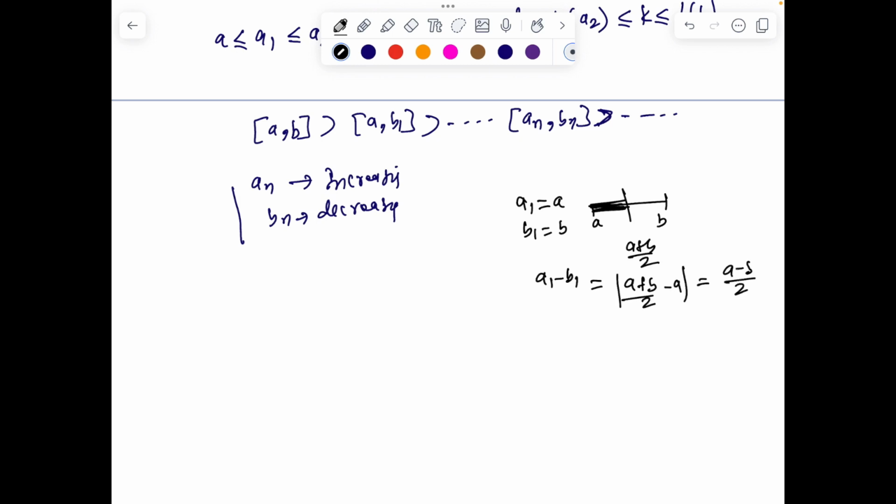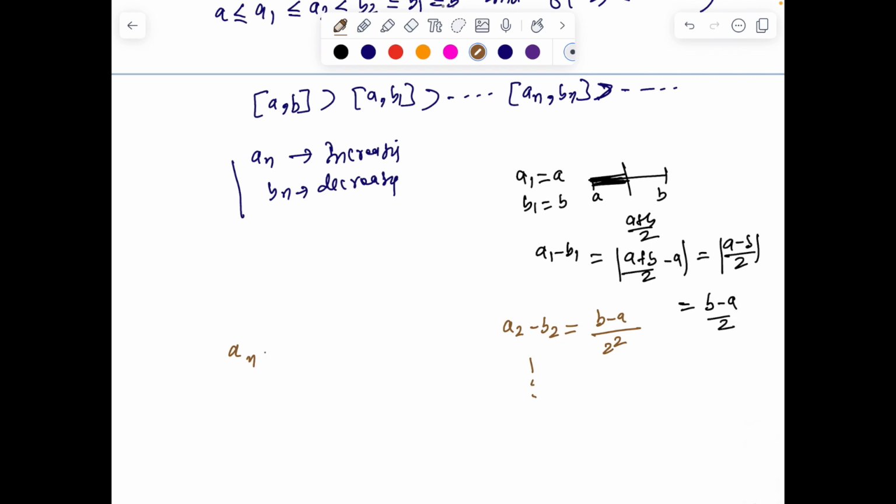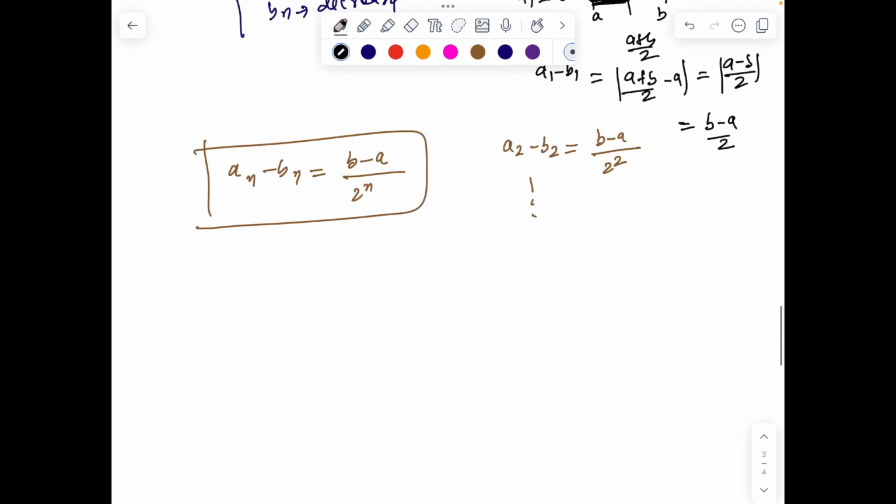So that was (b minus a) by 2 in amount. Similarly, what is a2 minus b2? Again half of this gap, that will become (b minus a) by 2 squared. And in general I can tell a_n minus b_n is going to be (b minus a) divided by 2 to the power n. Now that's a major step in this problem.